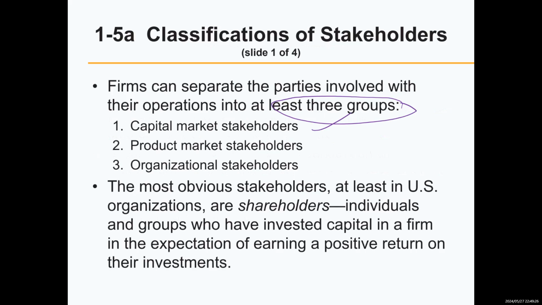So the most obvious stakeholders, not just in the US, of course, if the company is not owned by the government, are stockholders, individuals who invested their capital with the intention to receive some return on their investments in the form of shares, right? So let's talk about all these three stakeholders. We have a figure 1.4 here.